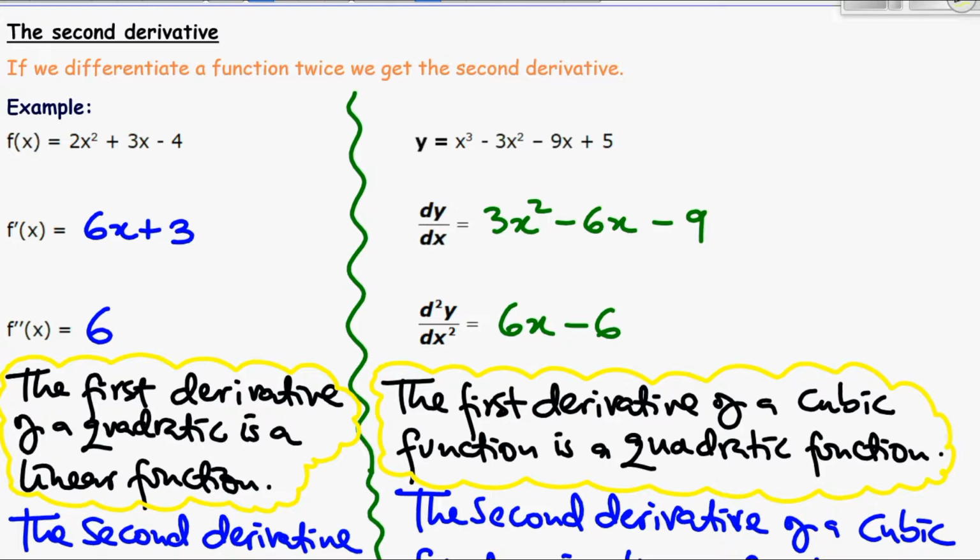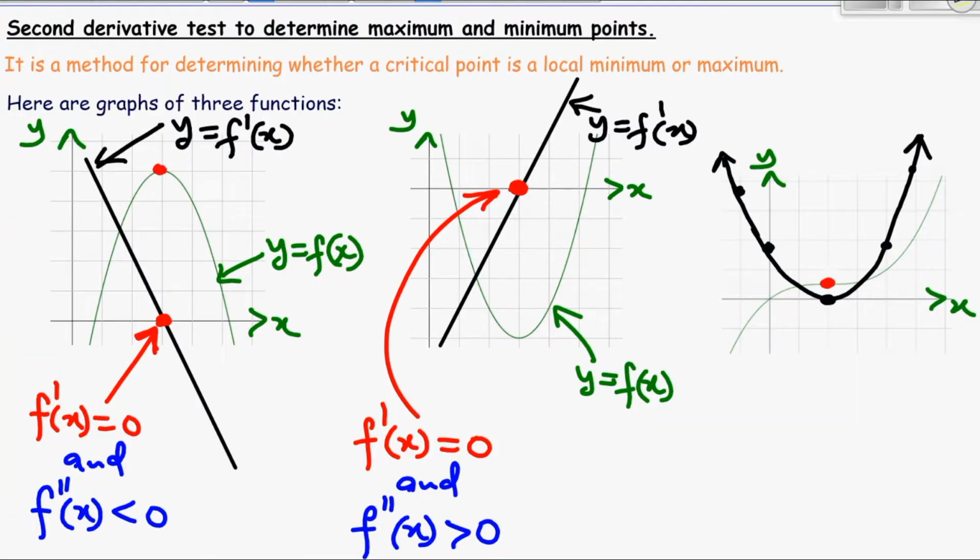And it makes sense. Originally we had a cubic function, y is equal to f of x. But now what we've ended up with here is a quadratic function.